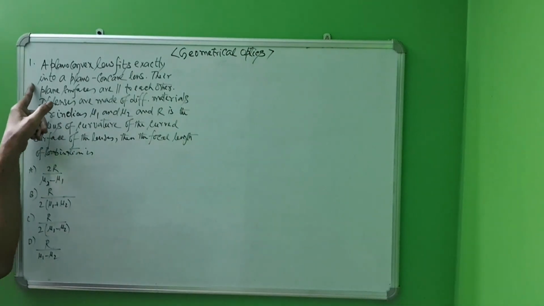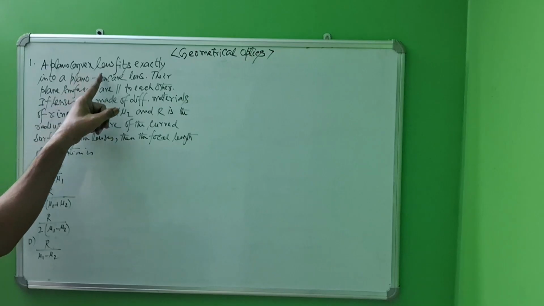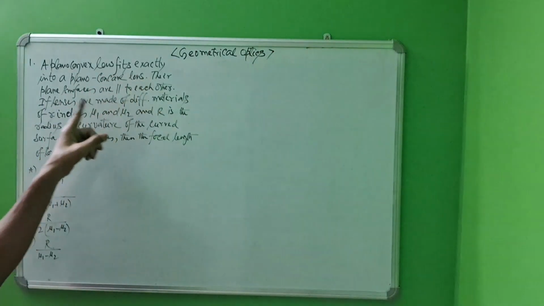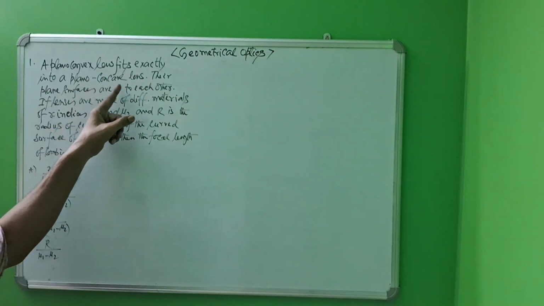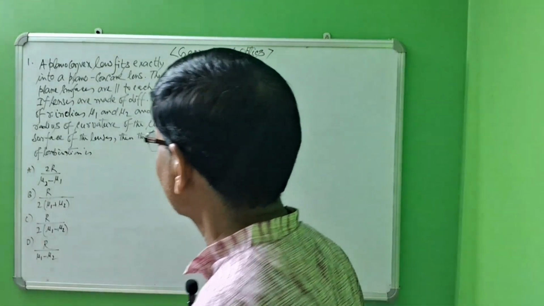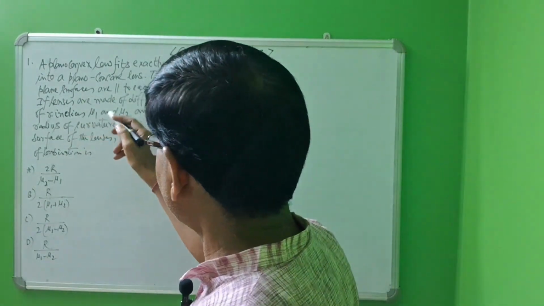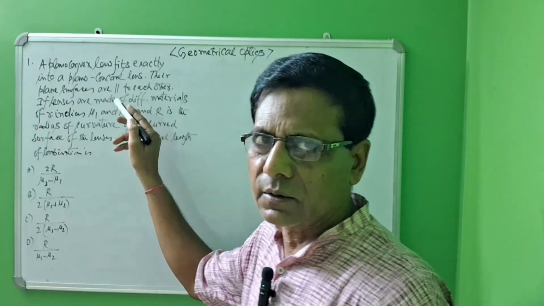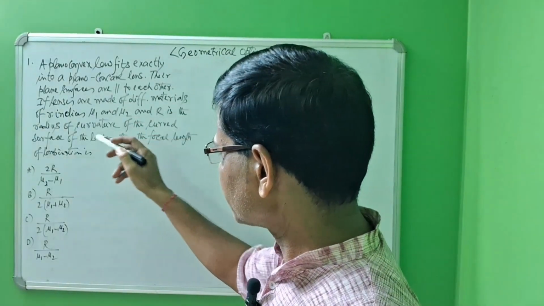Number one problem. A plano-convex lens fits exactly into a plano-concave lens. Their plane surfaces are parallel to each other.